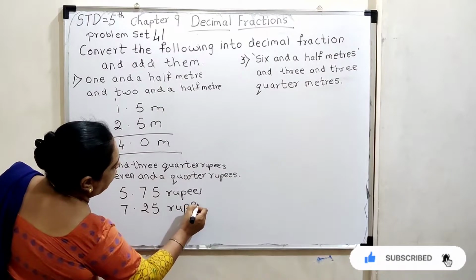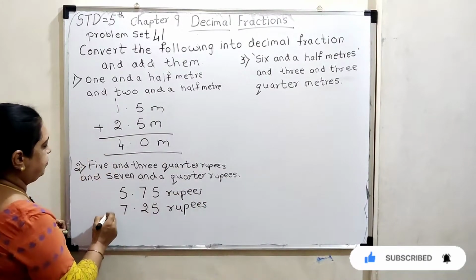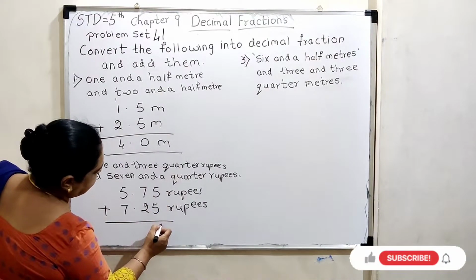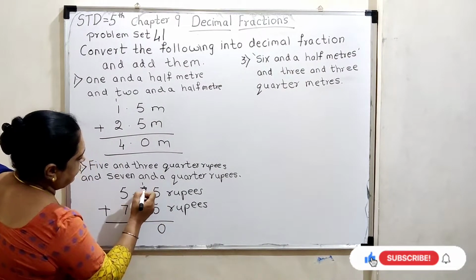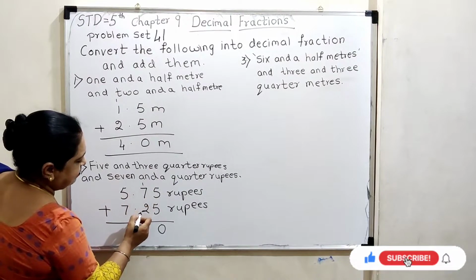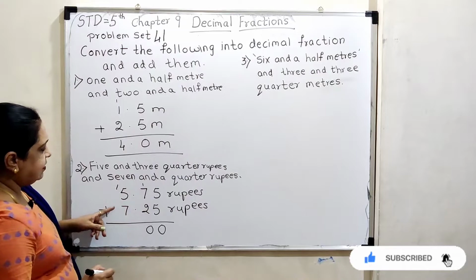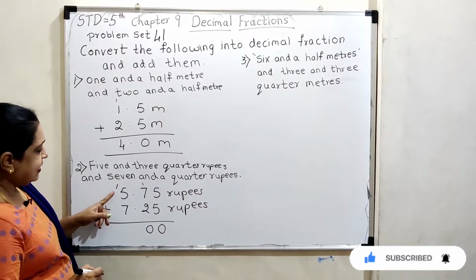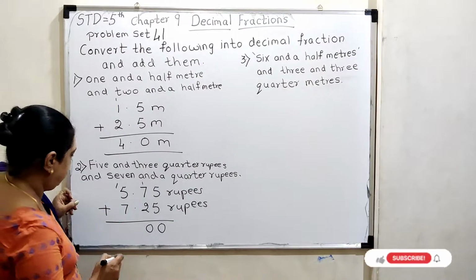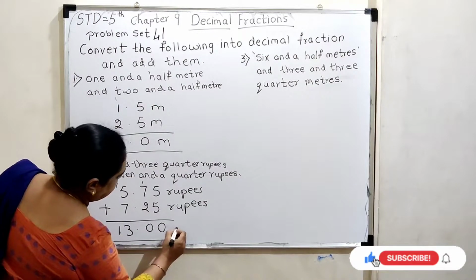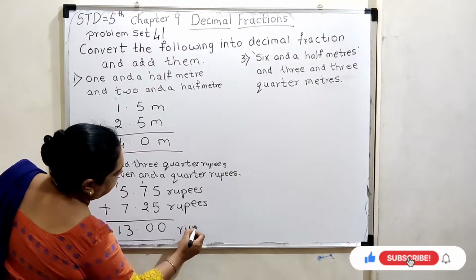A quarter means 1/4. So now add. 5 plus 5 is 10. Carry 1. 7 and 1 is 8. Plus 2, 10. 5 and 1 is 6. 6 plus 7, 13. So 13 rupees.